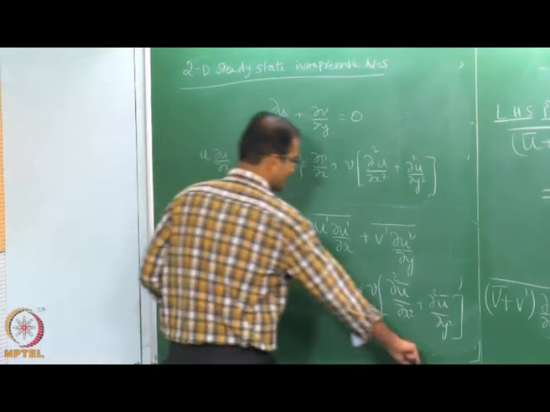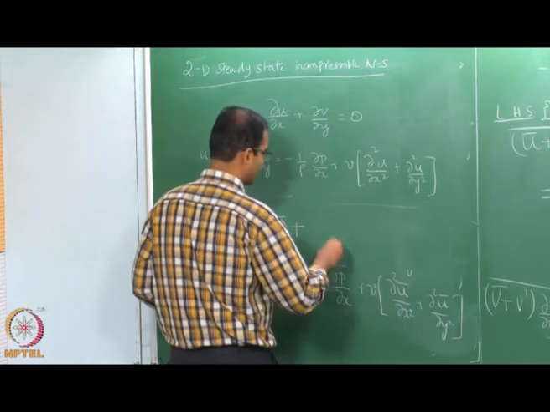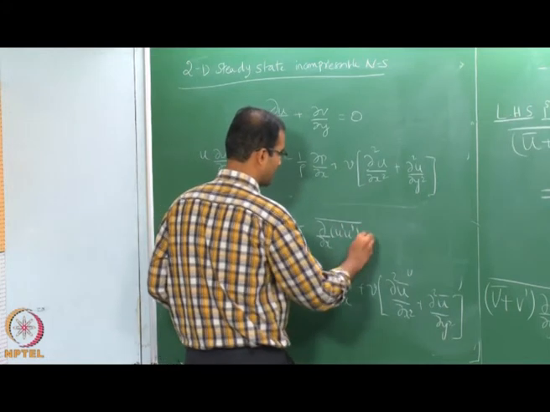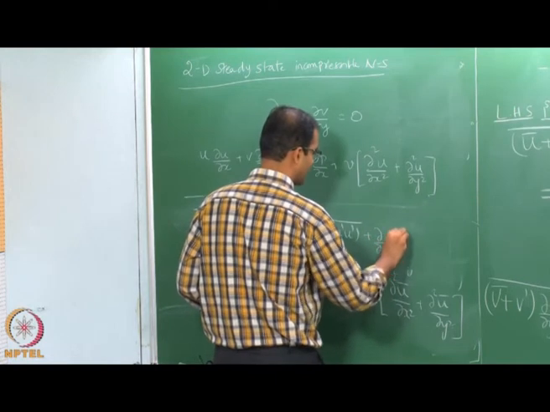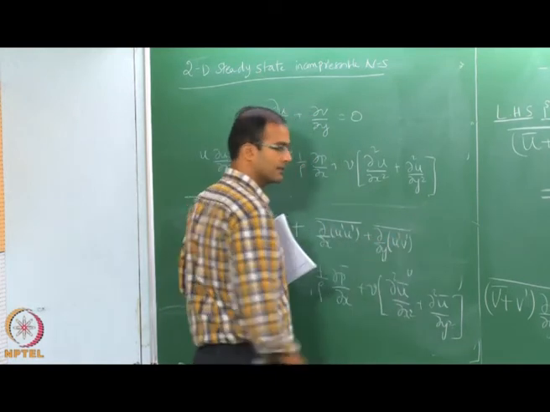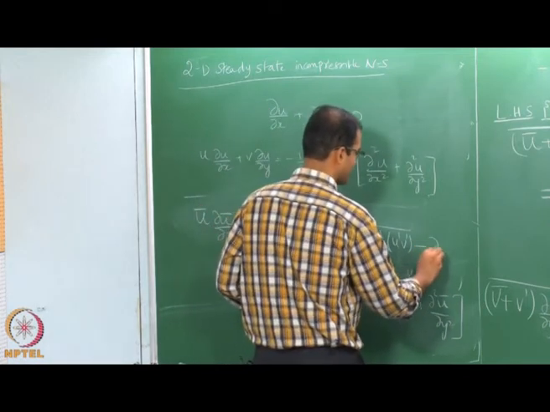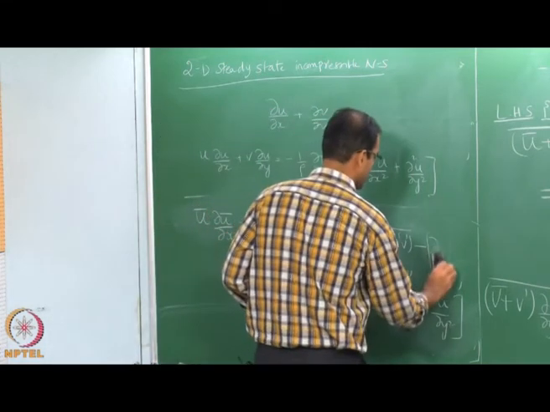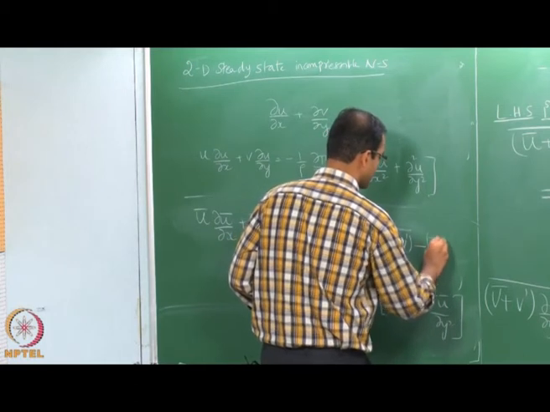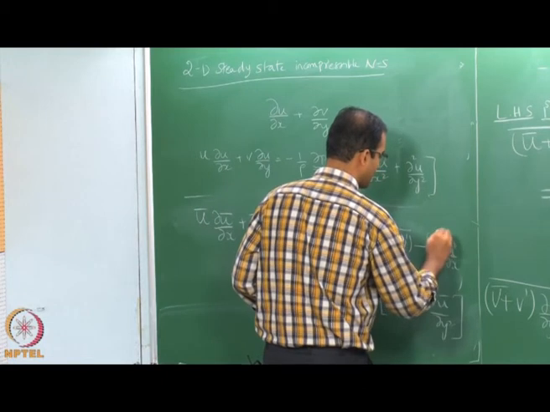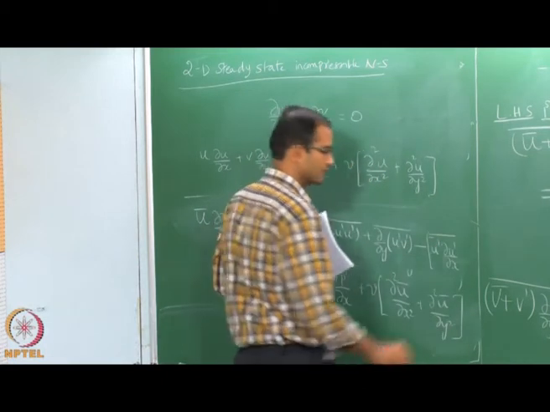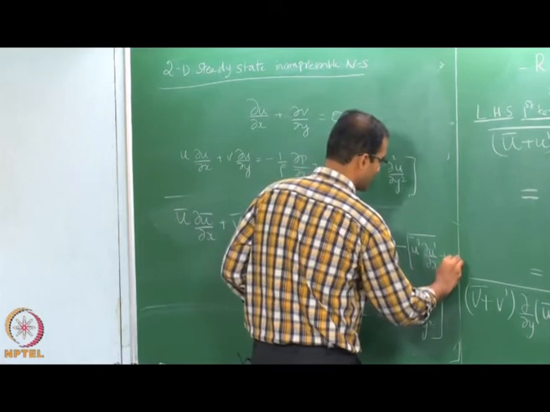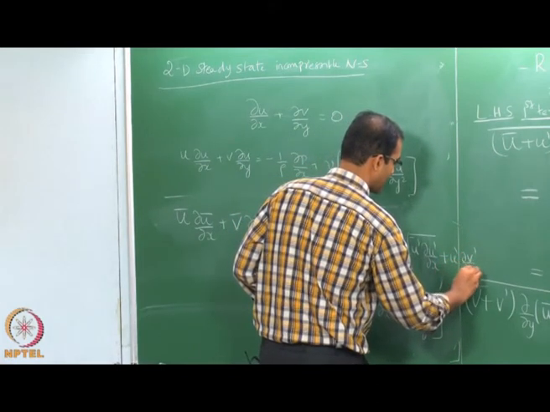So, we can write this as d by dx of u prime squared averaged plus d by dy of u prime v prime averaged, minus d by dx of u prime du prime by dx plus u prime dv prime by dy.